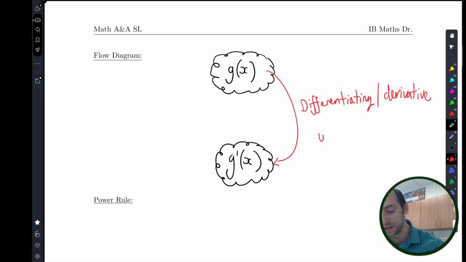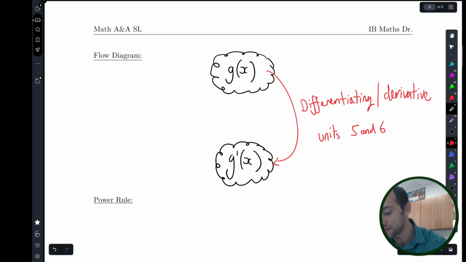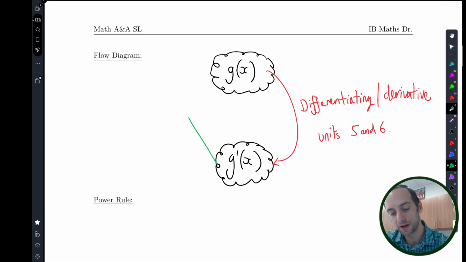Okay, so that was something we did in units 5 and 6 of this course. We worked on that process of going down from g to g primed of x. Okay? The next two units that we're on currently, unit 7 and unit 8, will work on the other side of this diagram, which is coming up from g primed to g of x. So this green arrow, how do we get up there?